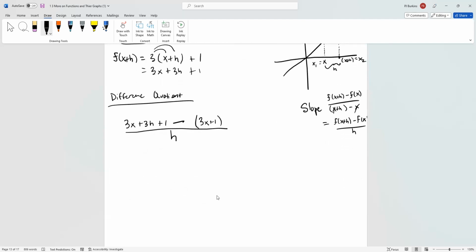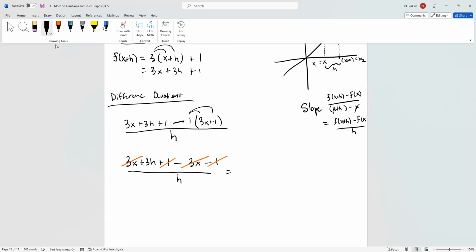So what's going to happen? Well, I'm going to get 3x plus 3h plus 1 minus 3x. Remember, this is like a negative 1 being distributed here, minus 1. And that's still all over h. Notice we have 3x minus 3x, we have 1 minus 1.